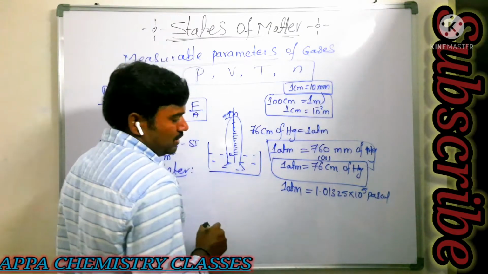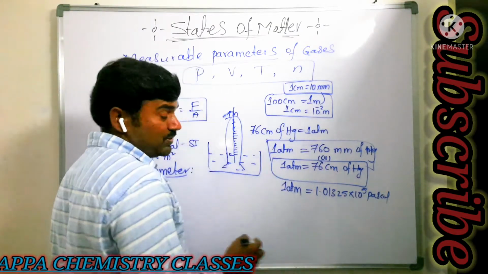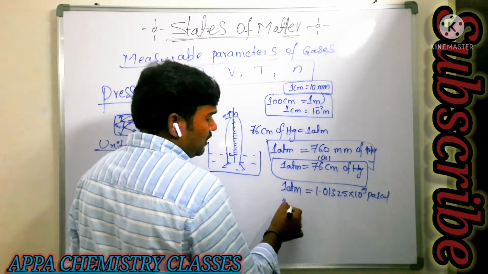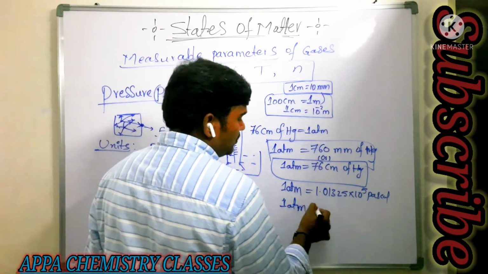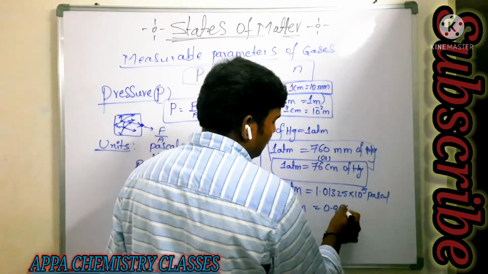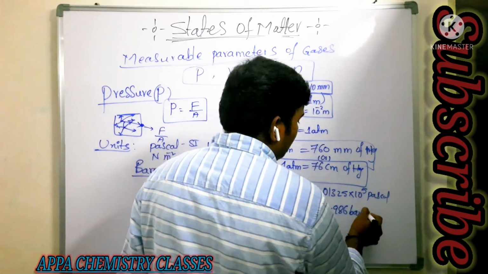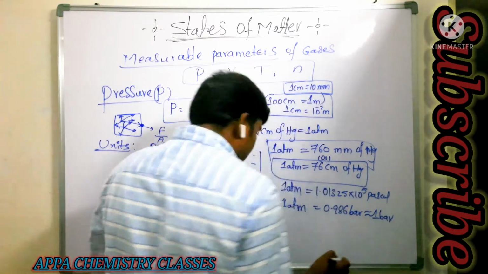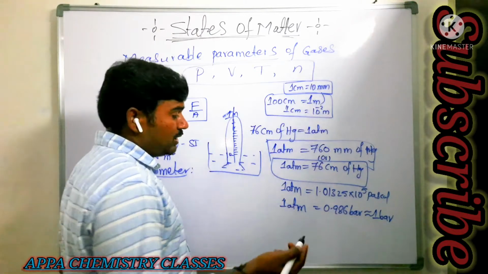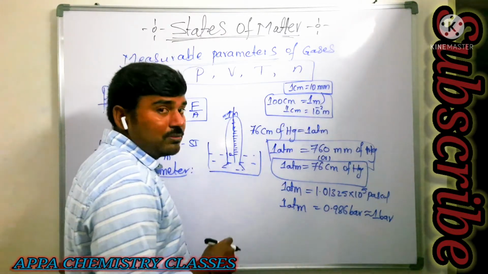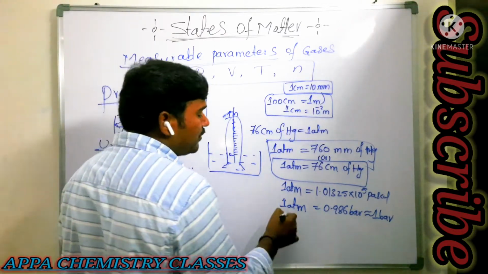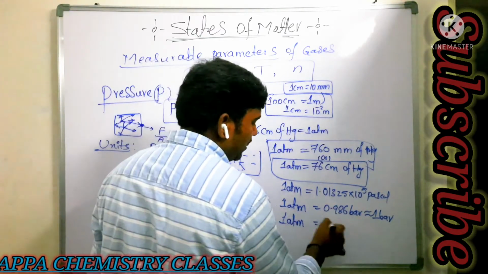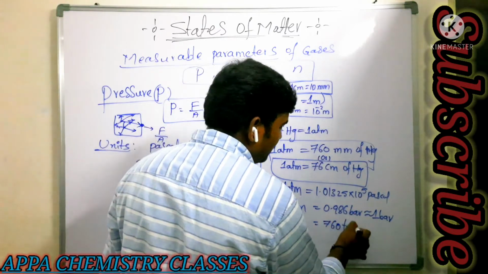Now 1 atmosphere is also taken as nearly 0.986 bar, and also as 760 torr.